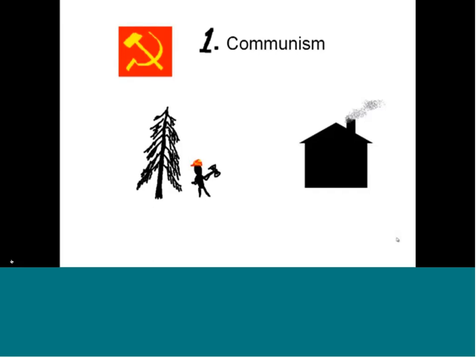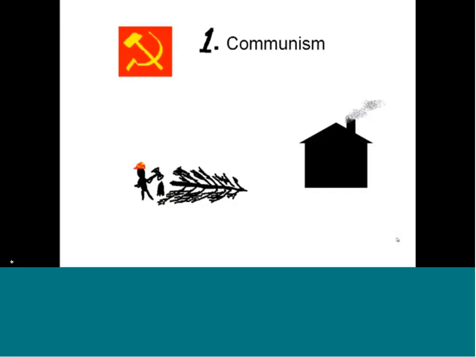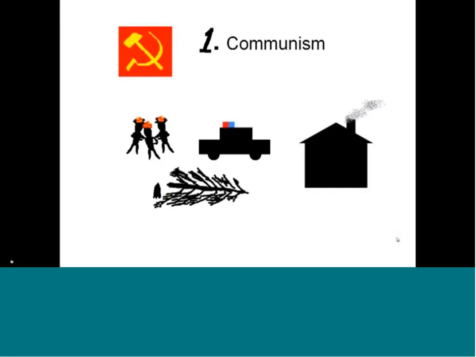So you go out back, you decide to chop up the tree and have some firewood for your home. Under communism, that would be considered illegal. It's not your tree to chop down, it's the tree of the people. You just happen to be living in that house, which, by the way, also is owned by the people.